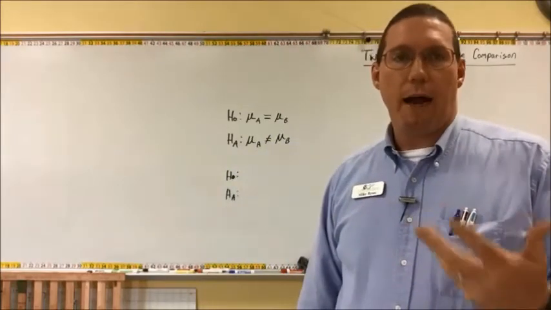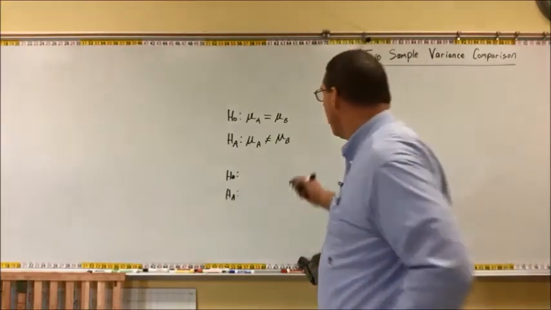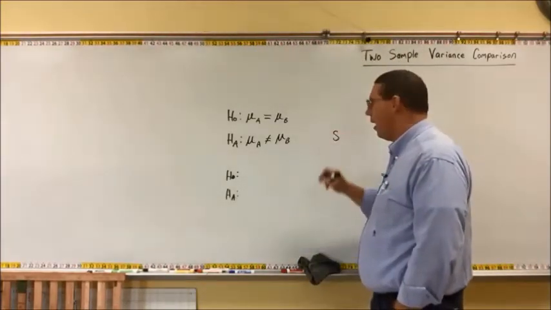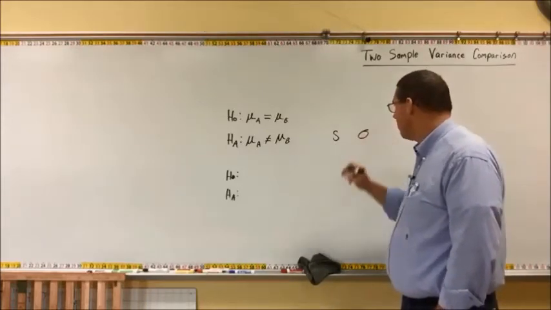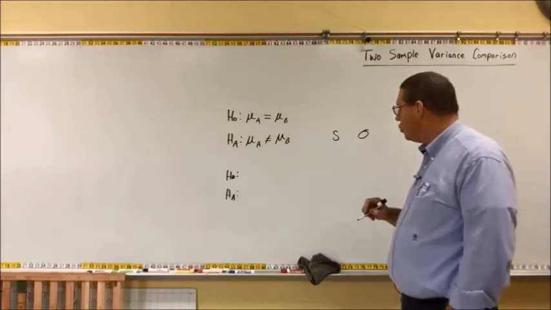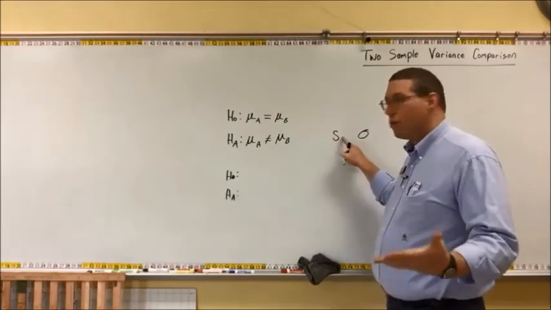Now, before we do that, I need to remind you of what variance is. If you recall, standard deviation of a sample is given by the letter S, but the standard deviation of a population is given by the Greek letter sigma. And I also want to remind you that variance is standard deviation squared.